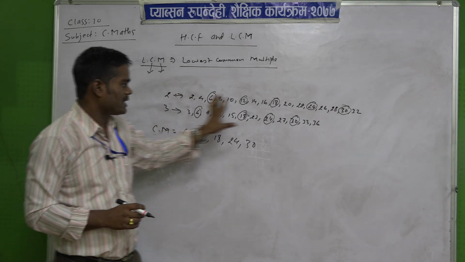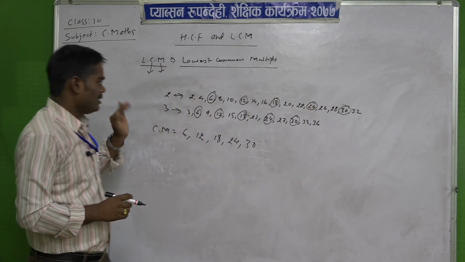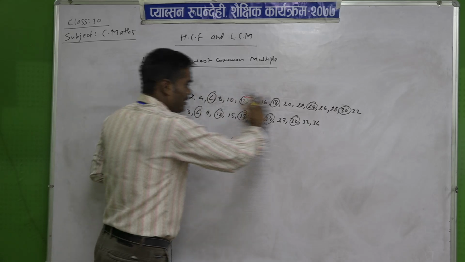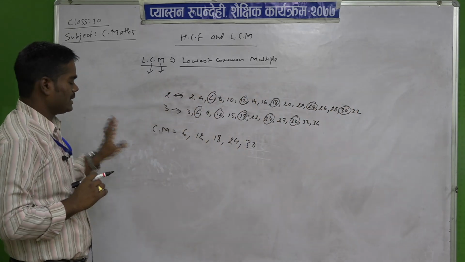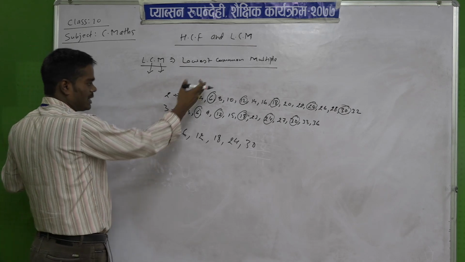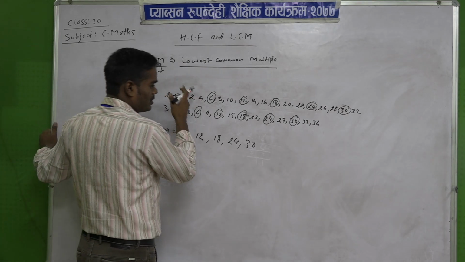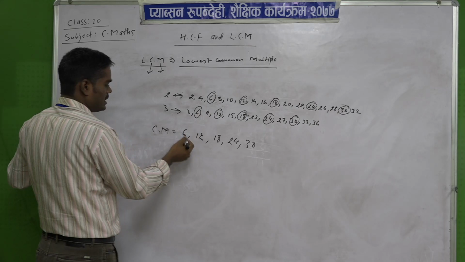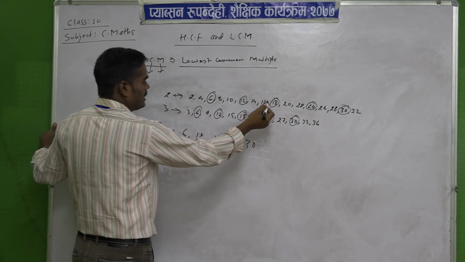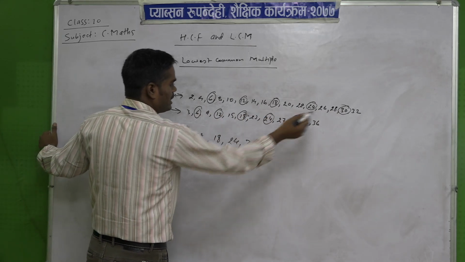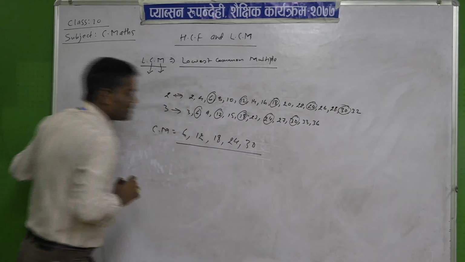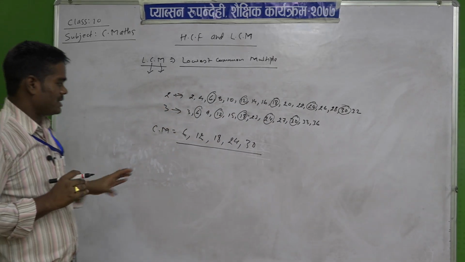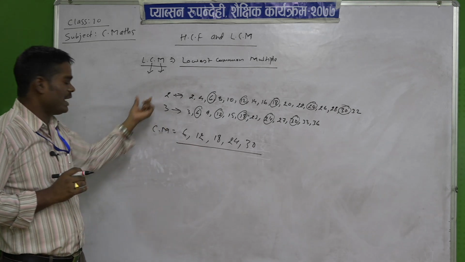A lot of multiples are here of 2 and 3. So you have to find out what are the common multiples of both 2 and 3. So 6 is here, 12, 18, 24, and 30. These are the common multiples of 2 and 3.